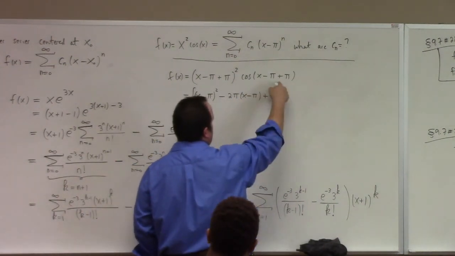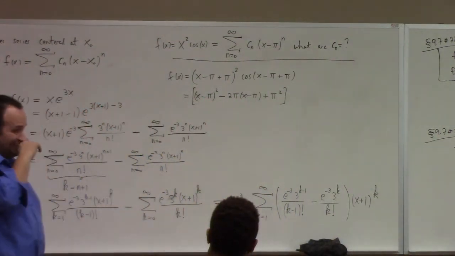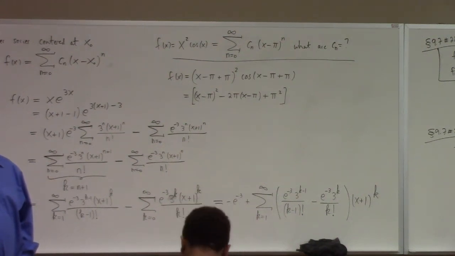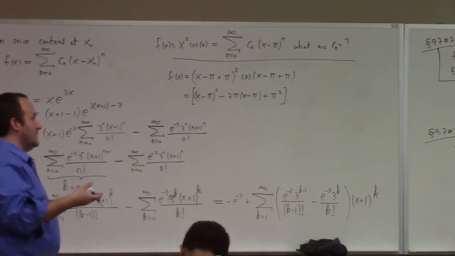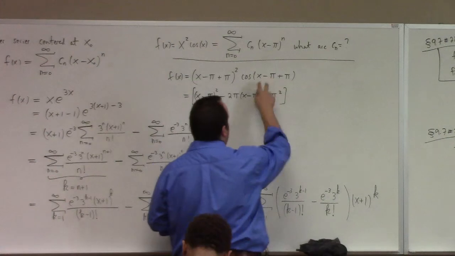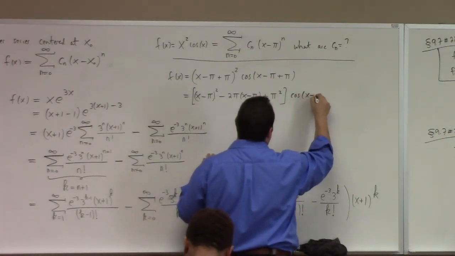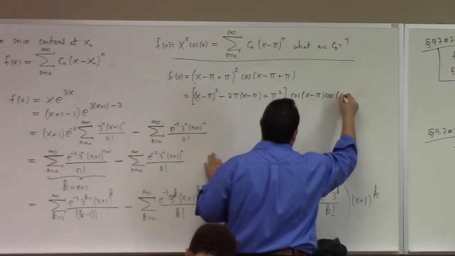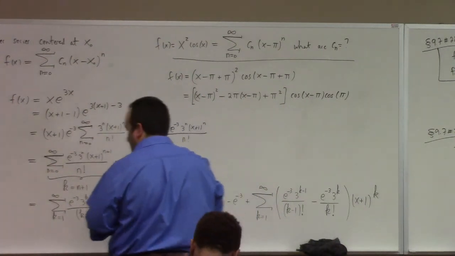And then this, what's cosine of x minus pi plus pi? It's cosine minus sine, right? But the sine term goes away because it's got a sine pi, so the adding angles formula on this piece just leaves me with cosine of x minus pi times cosine pi. Let me save myself some writing.